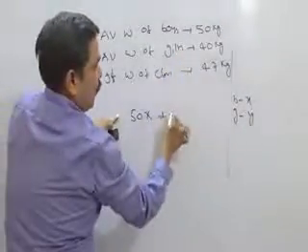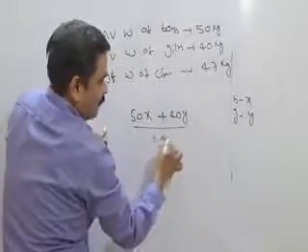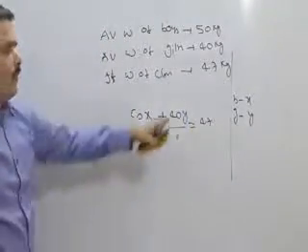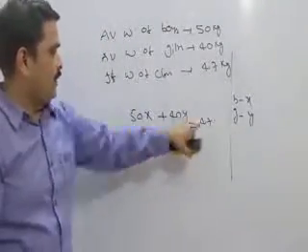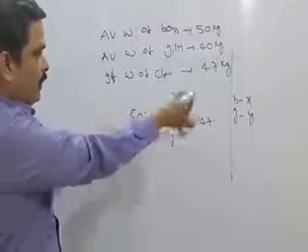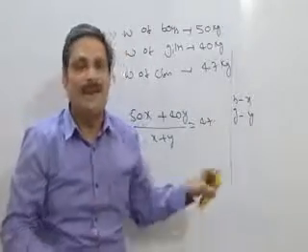Then 40y for girls, divided by x plus y, is equal to 47. Go with cross multiplication: 47x and 47y. You will get 3x = 7y, so x by y is 7:3, or 7/3. You can get that, right?